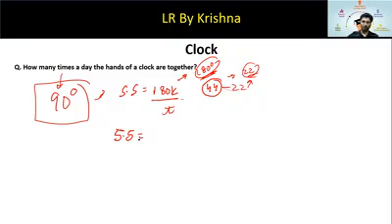See, if just one relative speed concept is clear, every question you can solve. How many times a day will they be at a right angle? That's my question.